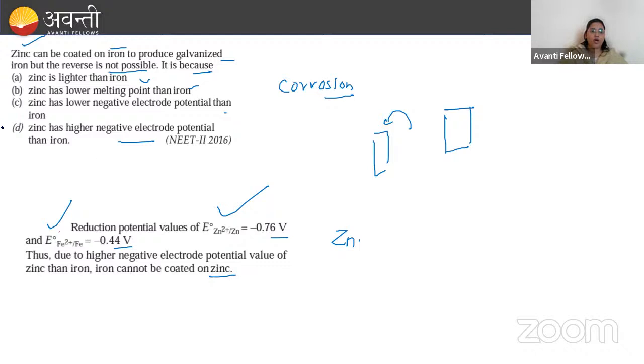जिसका ज़्यादा होगा, that is our answer. Option D: zinc has higher negative electrode potential than iron.